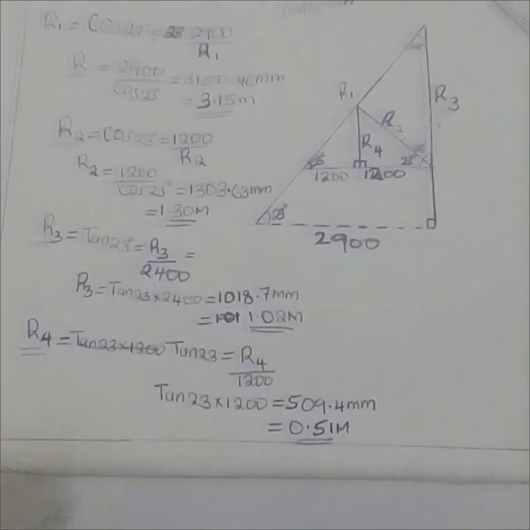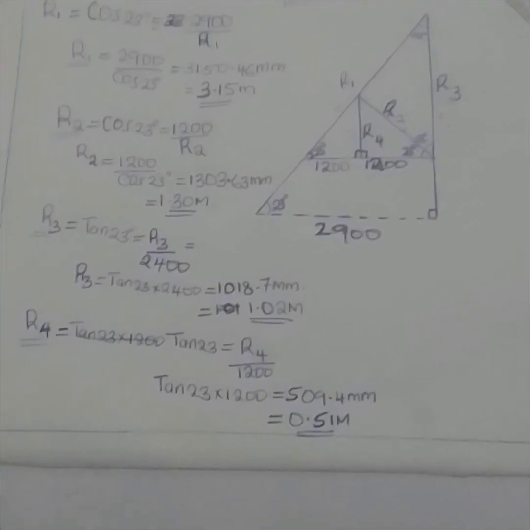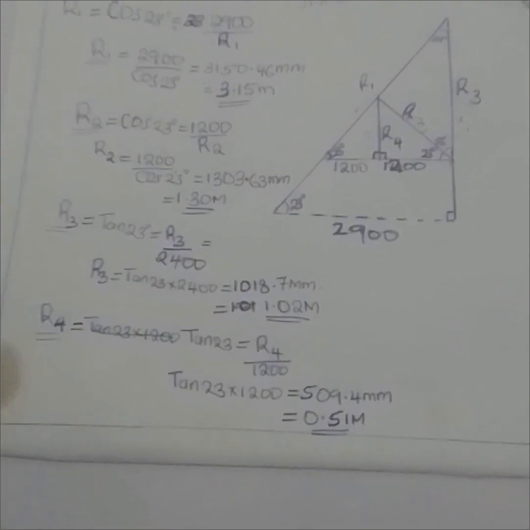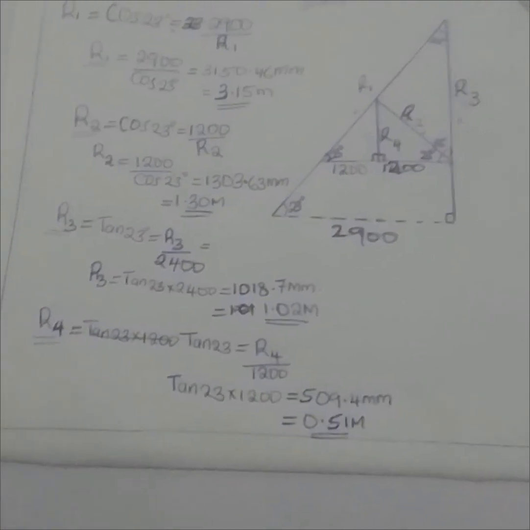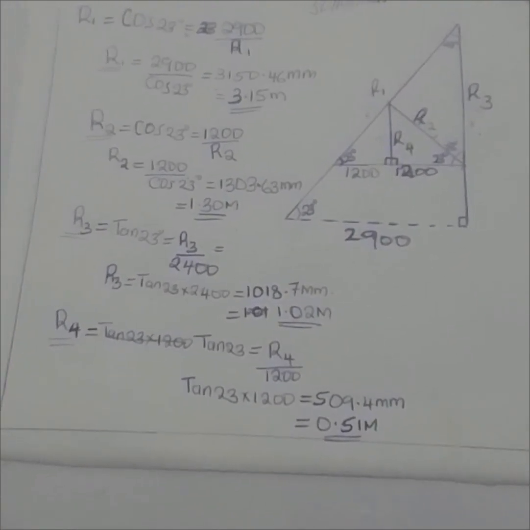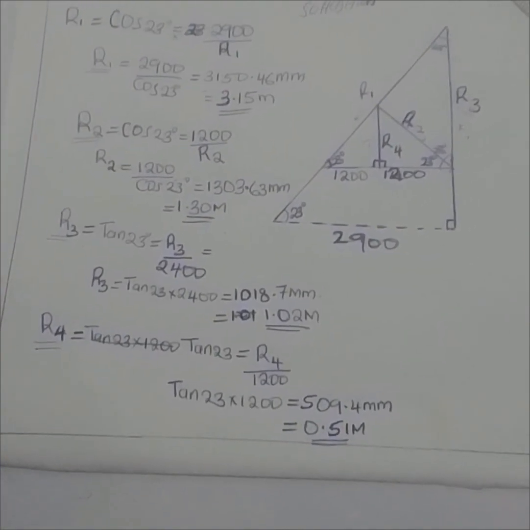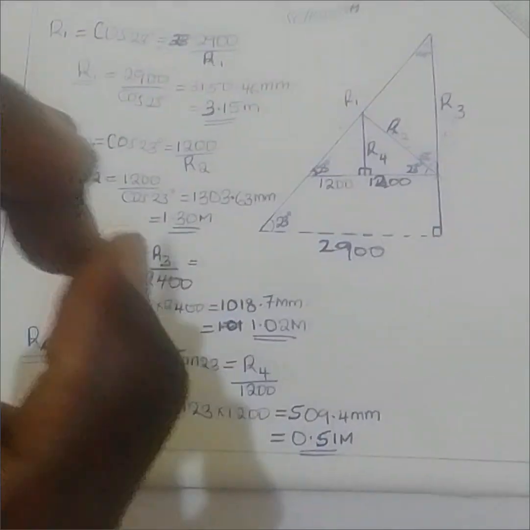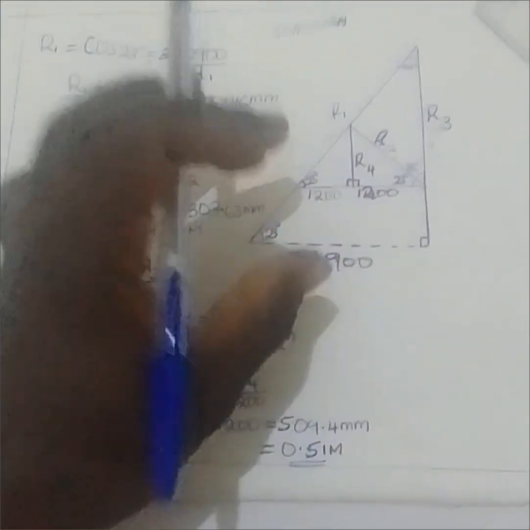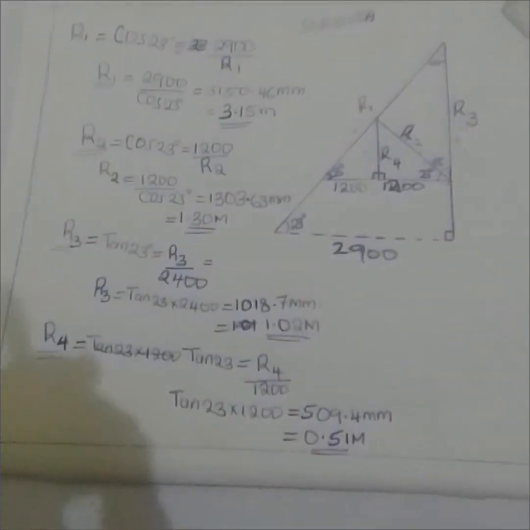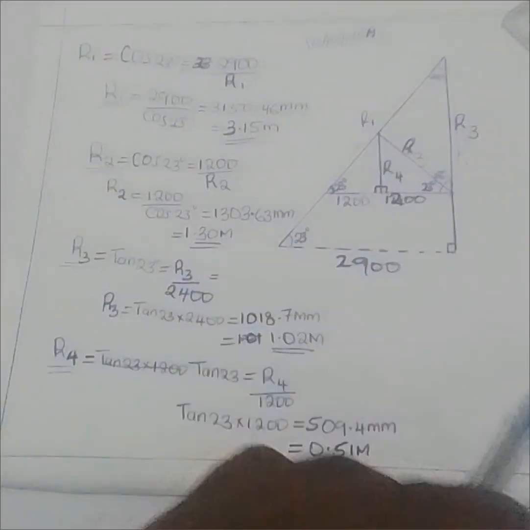Hello guys, today I want to show you how to calculate the length of strut, rafters, tie and kingpost in a heap. So we usually use a triangle to calculate this kind of a heap in a roof.